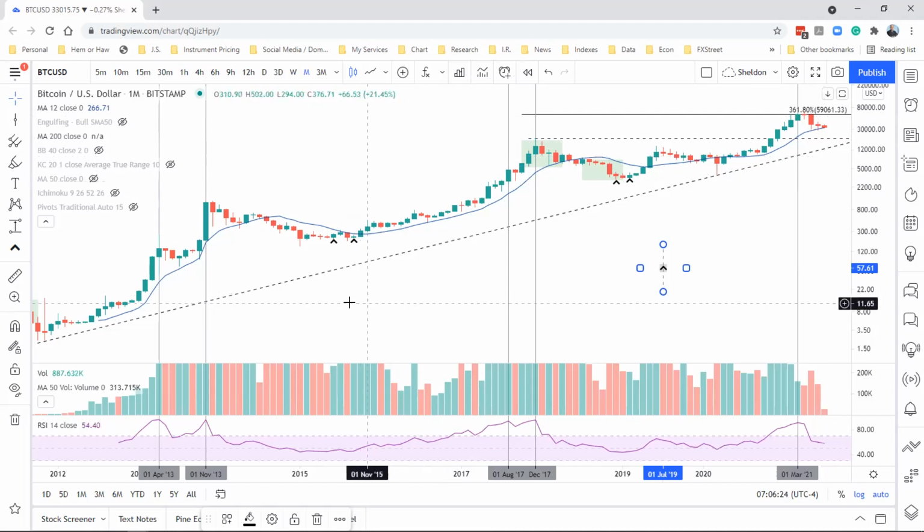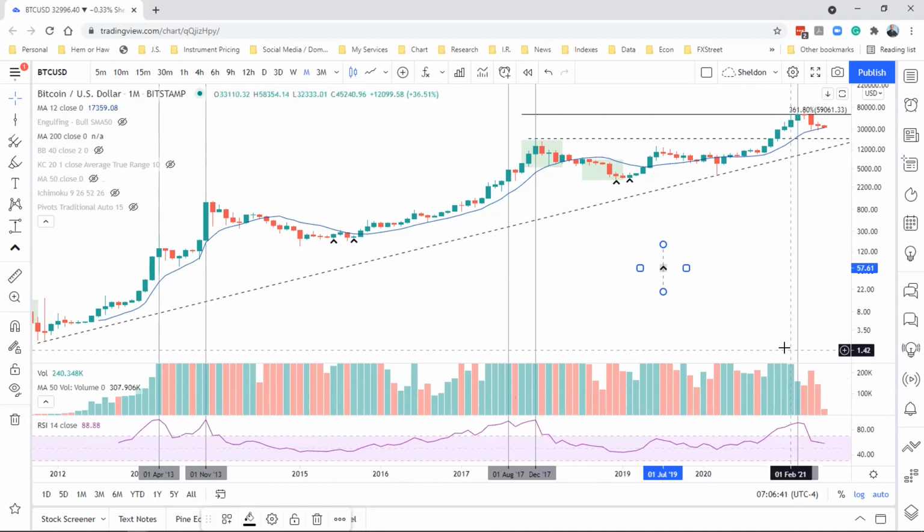The second thing that stands out is the RSI extremes. We had the extreme reading in April 2013, November 2013, August 2017, December 2017, and then again in March 2020. In these cases, either there was a pullback like we saw here, which still was notable, though it doesn't look like it on the charts.